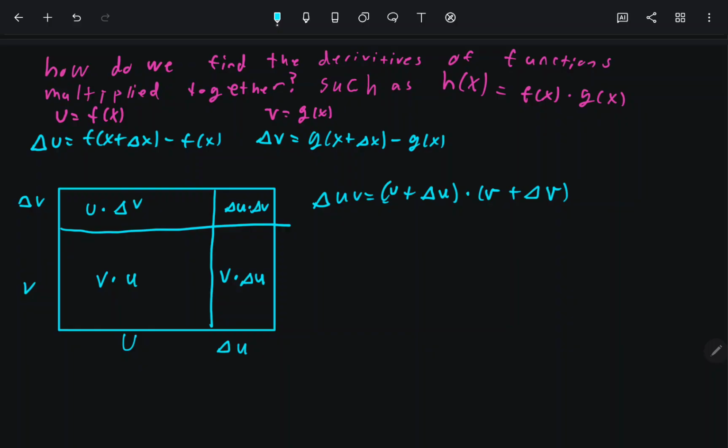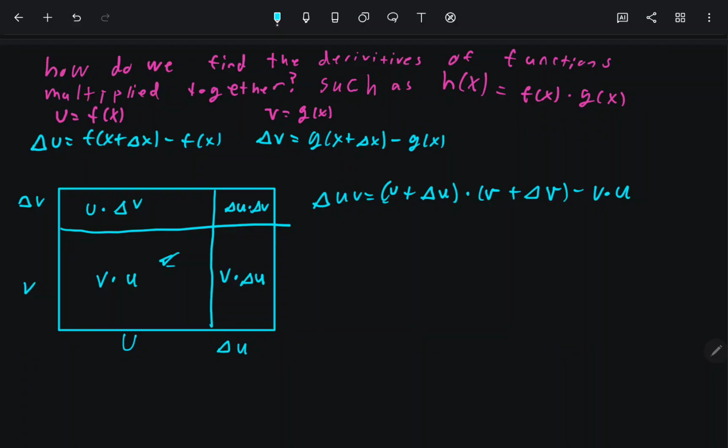Now, this gives us our total area, but this doesn't give us the change in the area. If we want our change, we need to subtract off this little bit, so we're going to say minus v times u. Now, what if I wanted the average rate of change?